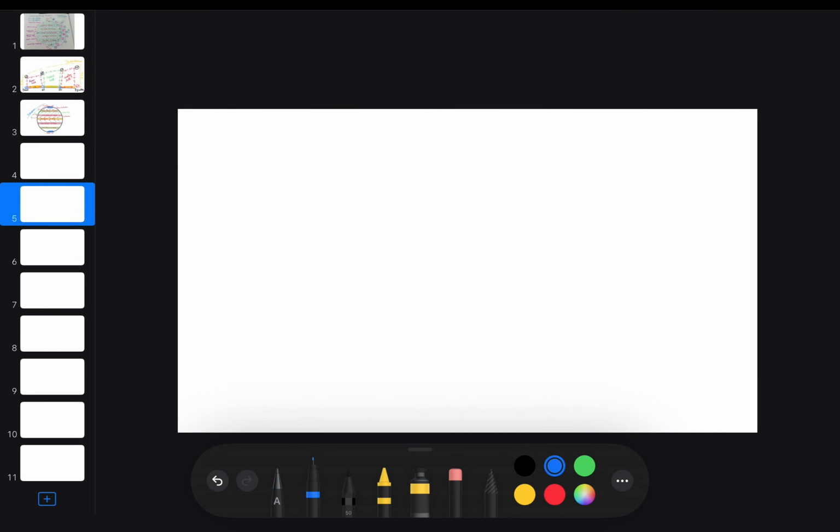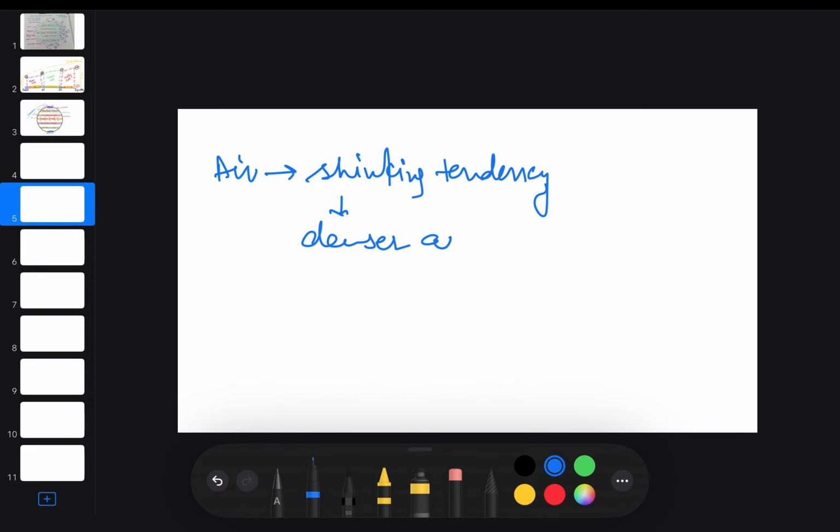And if the air has a shrinking tendency, it will be denser air and thicker also.